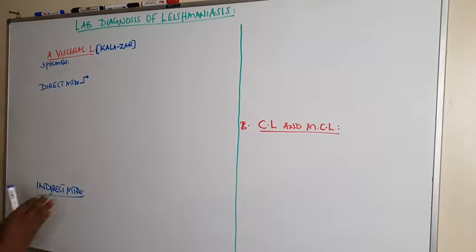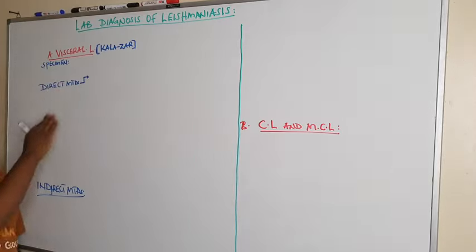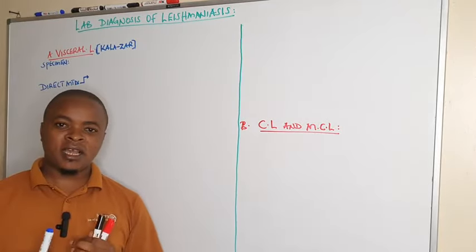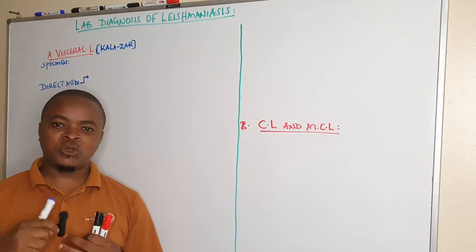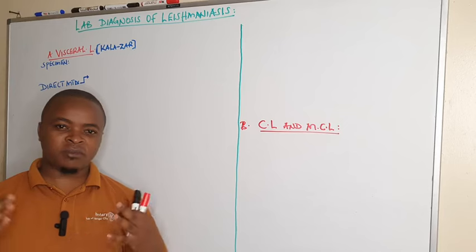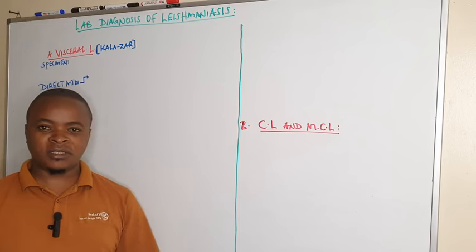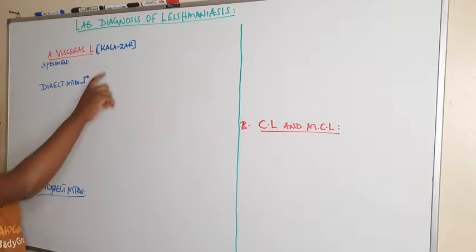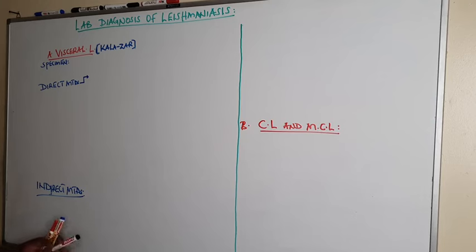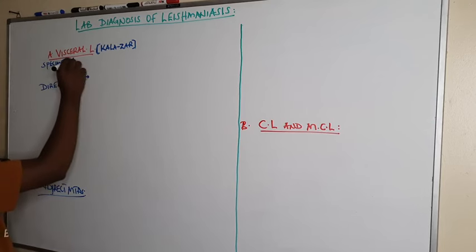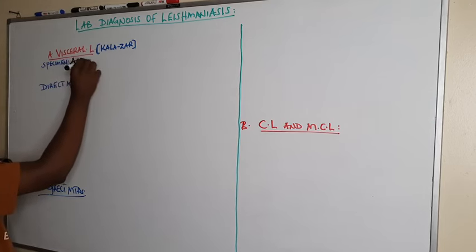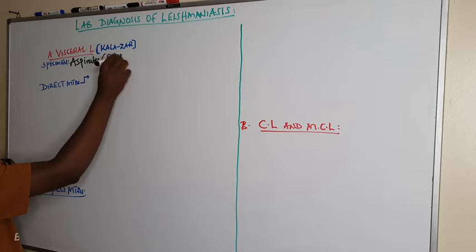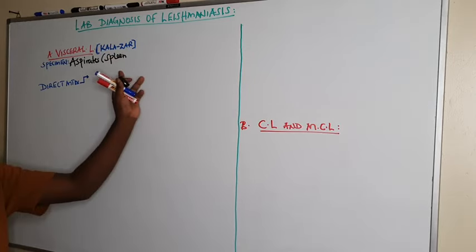With visceral, we said visceral means it affects internal organs like the liver, spleen, bone marrow, and sometimes intestines and lymph nodes. So for Kala-Azar disease, the specimens we need are aspirates. We can obtain aspirates from the spleen, which gives high sensitivity.